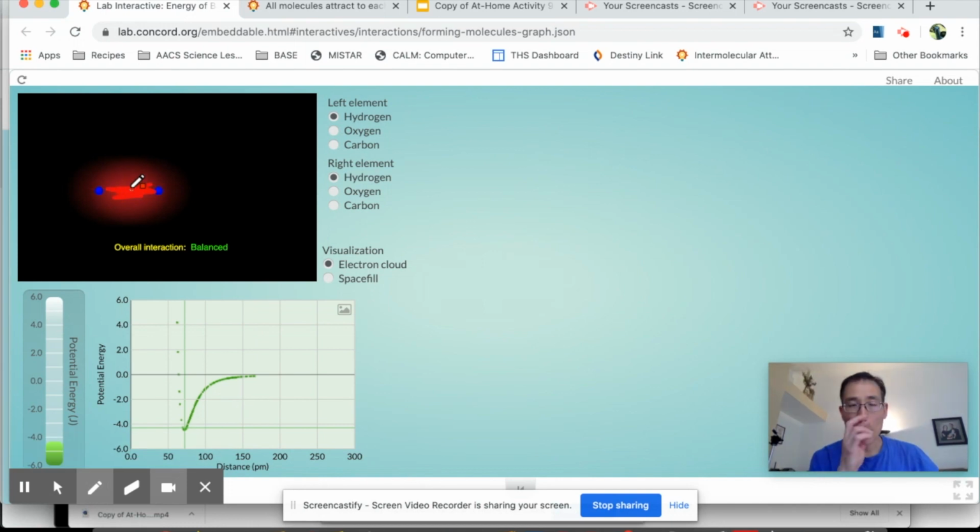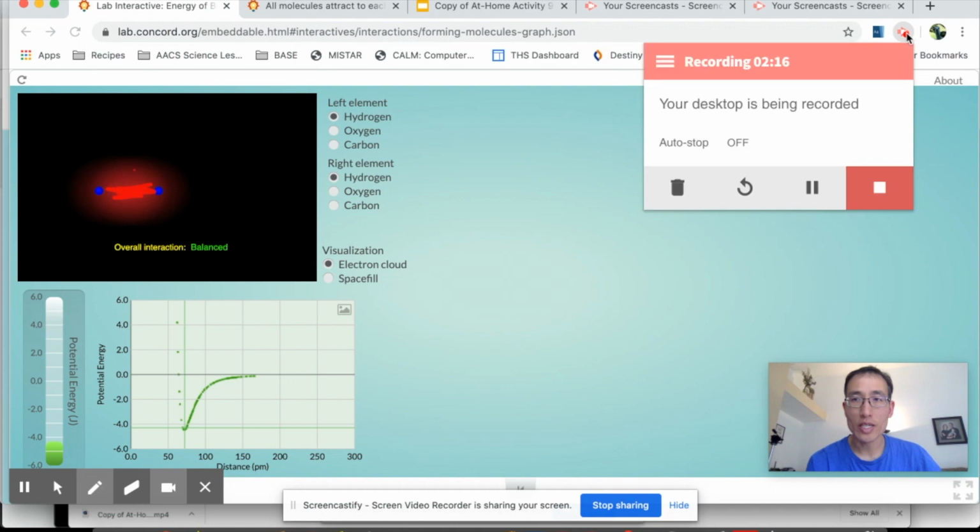Okay? So a bond is the balance point at which two nuclei have come together, and the electrons and the attractive and repulsive forces have balanced out each other. And we're going to look and see how can I tell what the difference between an attraction and a bond is.